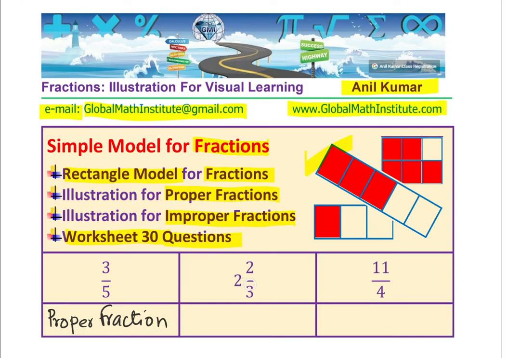The second one, we have a whole number with the fraction part. So this is called a mixed number. The third one is an improper fraction since the numerator is higher than the denominator, right? So that becomes the improper fraction.